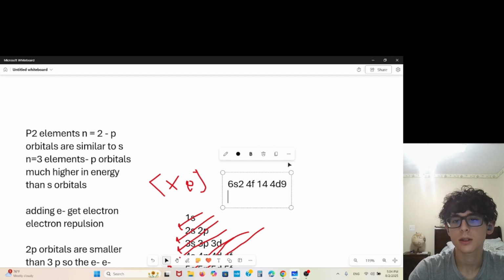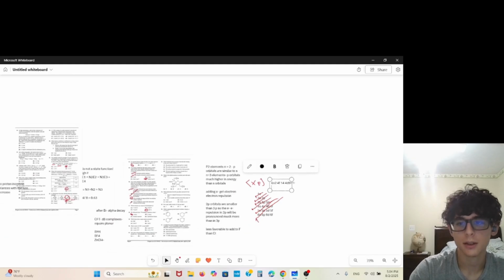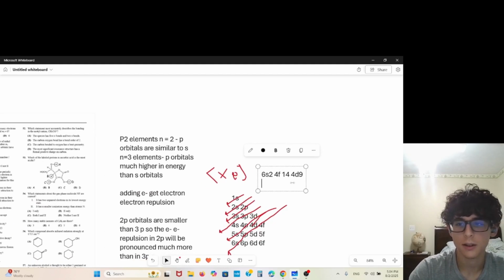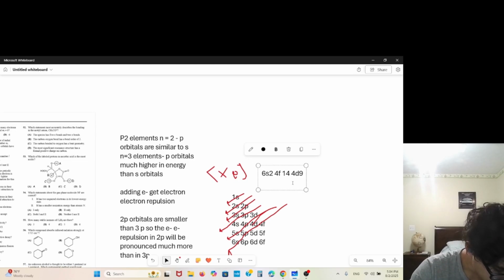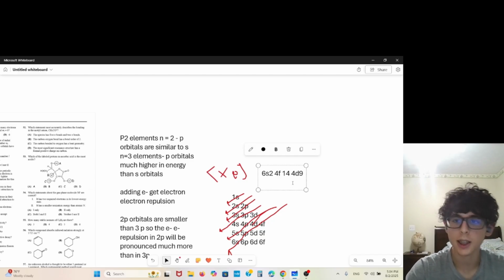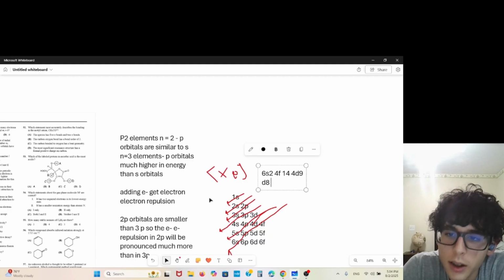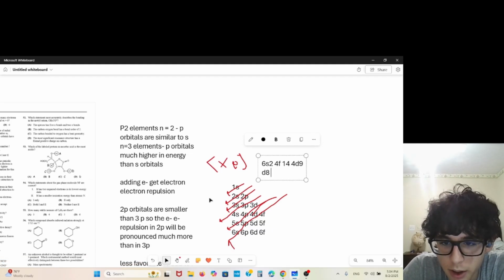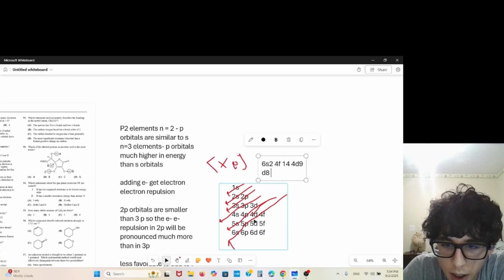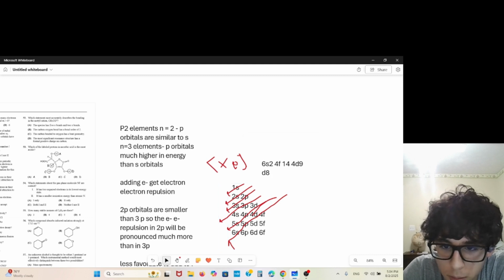If you think about it, gold's electron configuration actually reduces to d8. And there's a reason, right? Because you have your 6s2, 4f, 5d, 6p, and then you have your 7s.